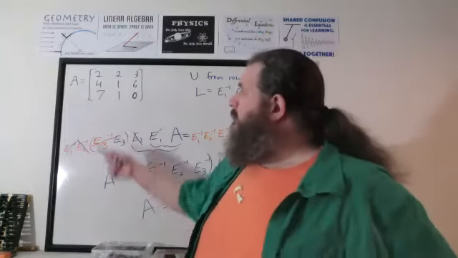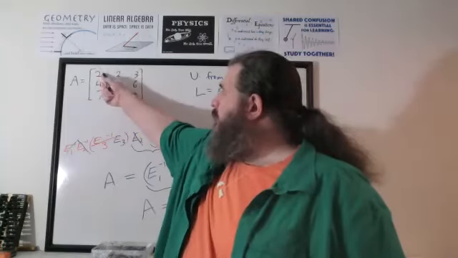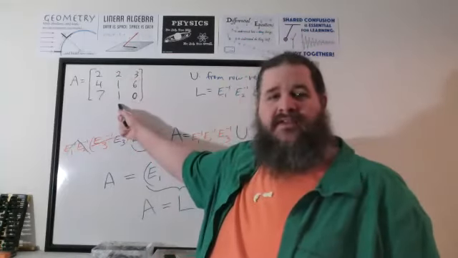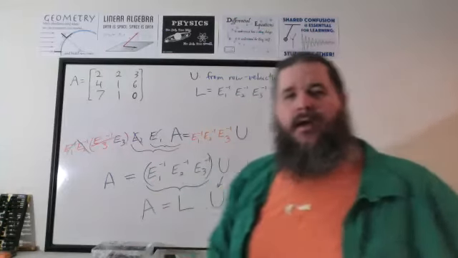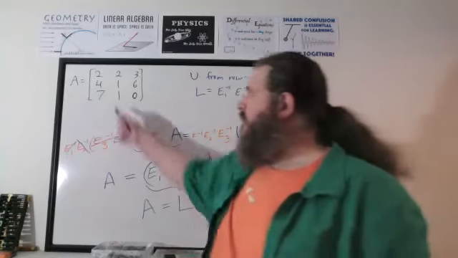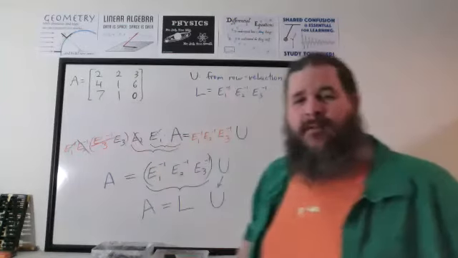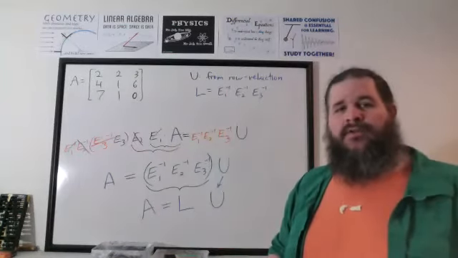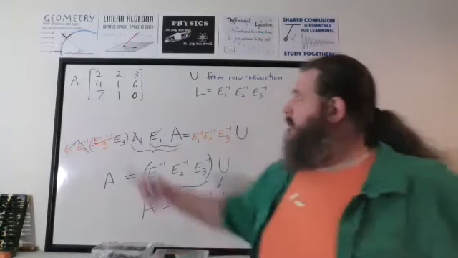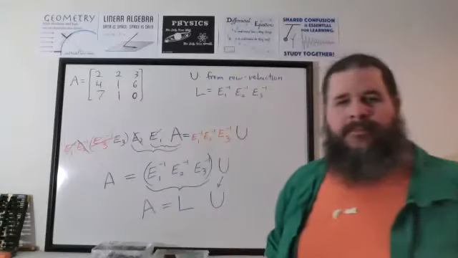It might be the case that by coincidence, when you use this 2 to eliminate this 7, maybe this number also happens to eliminate this number and you already have a 0 there. So it might only take 2 steps. Or if you started with zeros already in these positions, maybe it'll only take 1 step. So the 3 here is more of a maximum. It's going to take at most 3 steps to eliminate these 3 numbers.